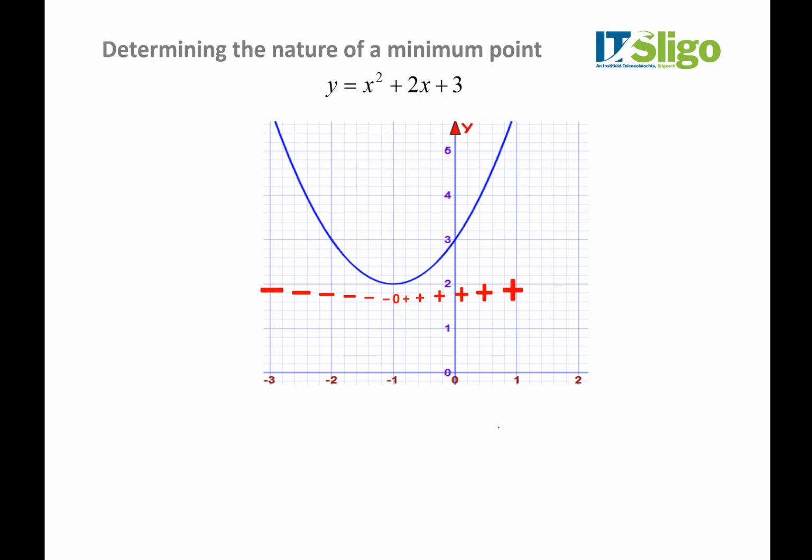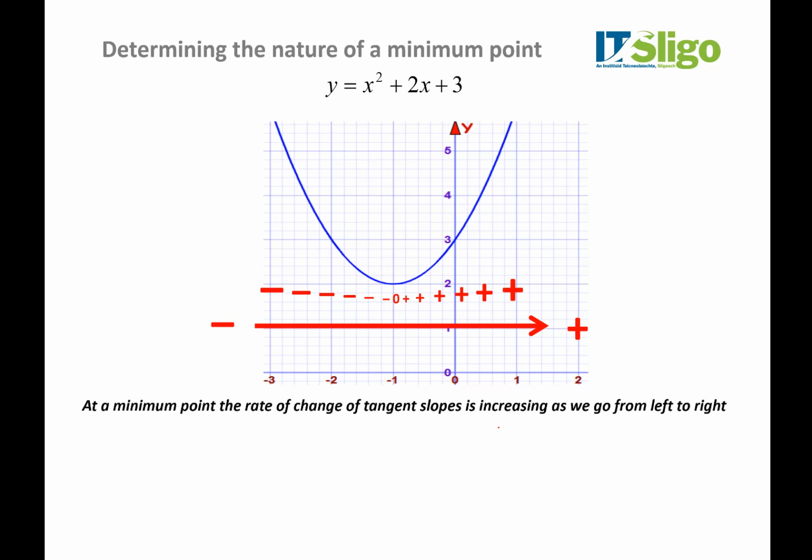So what we can say is we're going from negative to positive as we roll around this curve. We can say at a minimum point, the rate of change of tangent slopes is increasing as we go from left to right.